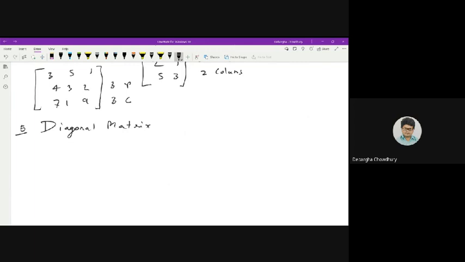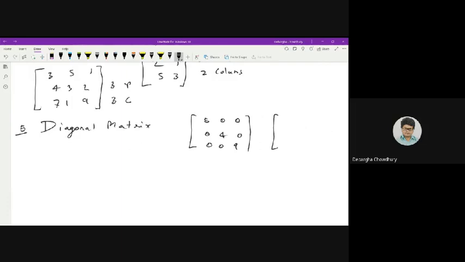Let's say like this: 5 0 0, 0 4 0, 0 0 9. This is an example of a diagonal matrix. So only the diagonals have numbers and the rest of them are zero. This kind of matrix is known as a diagonal matrix.